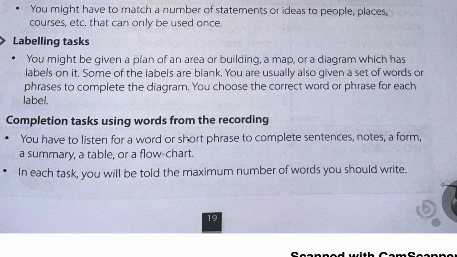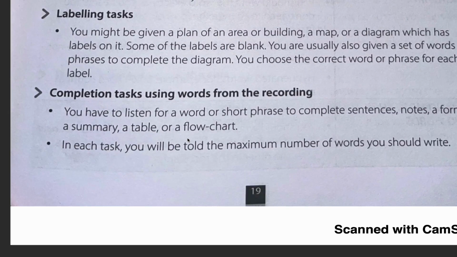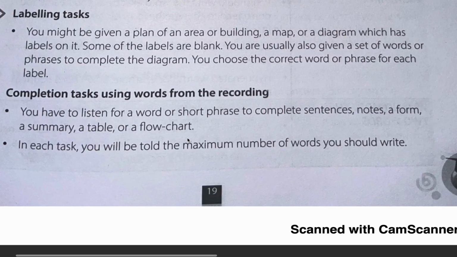Completion task using words from the recording. Now we might have short answer type questions and so on, wherein a blank is given and you are supposed to fill in the particular answer. Sometimes the answer can be in units, for example 40 meters or 40 grams or 100 kilometers.